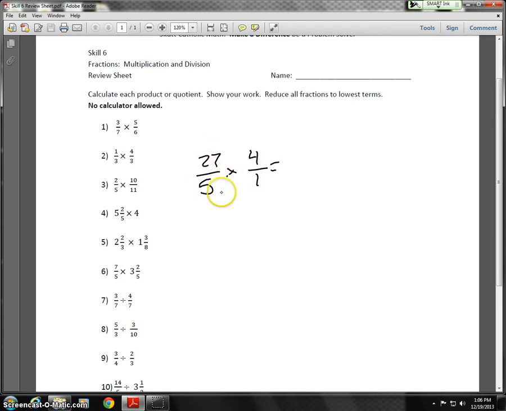We don't have any common factors anywhere, so we're going to go ahead and multiply across the top. 27 times 4 is going to give me 108. 5 times 1 is 5. Now, if we look to change this back, 5 goes into 108 21 times with a remainder of 3. So we have 21 3/5 is our answer for number 4.